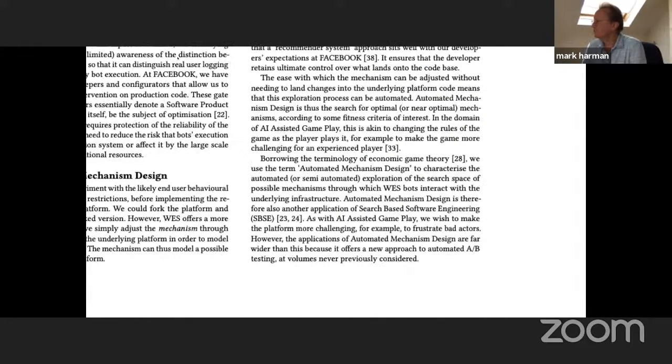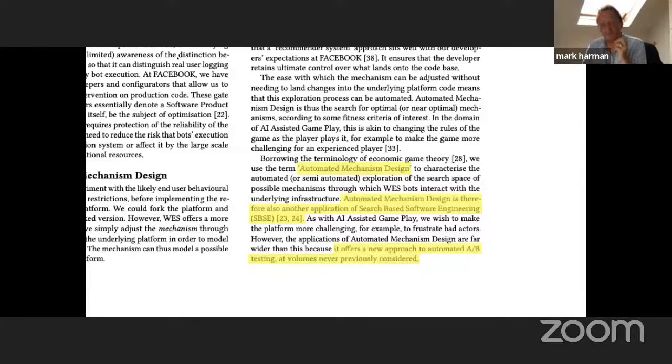So we call this automated mechanism design because we don't just want to model this mechanism, but we want to be able to think of it as a search space and automate the search in that space. And so we think of this as a kind of a search-based software engineering problem where the mechanism space is the search space. And the thing that's really exciting about this, I think, is that many organizations like Facebook do A/B testing, but it's quite a slow process.